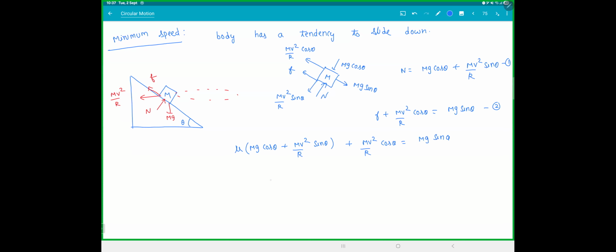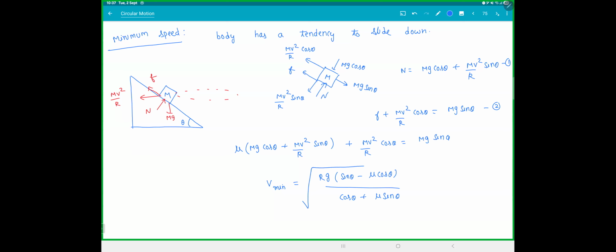So if you solve this, you will end up with a minimum speed. This would be the square root of Rg times sin theta minus mu cos theta by cos theta plus mu sin theta. This is your minimum speed.